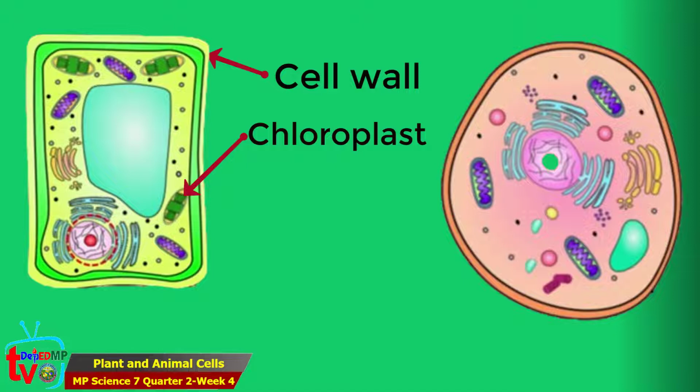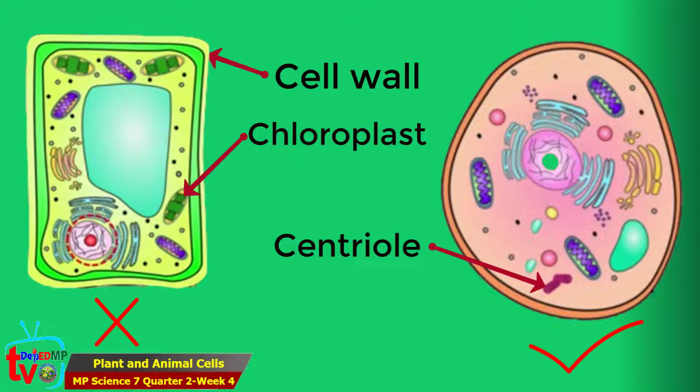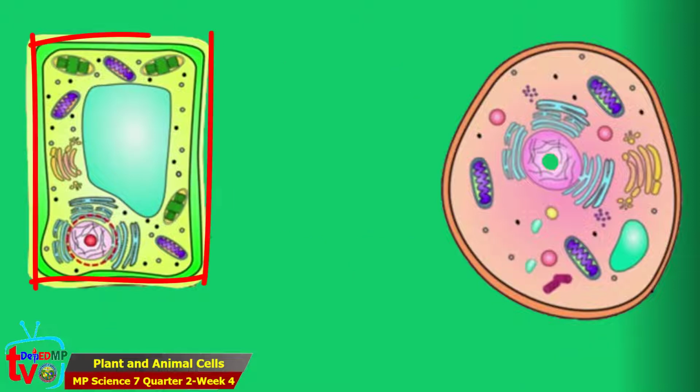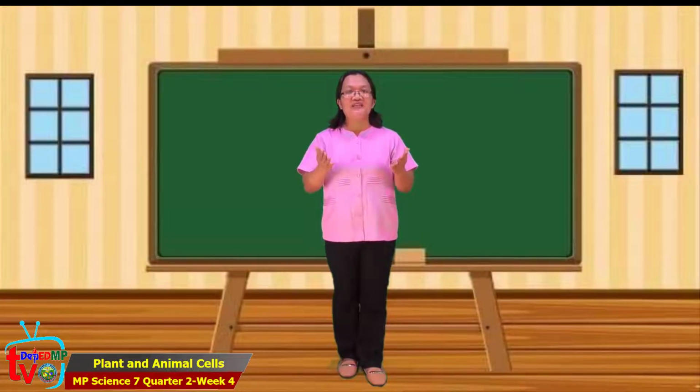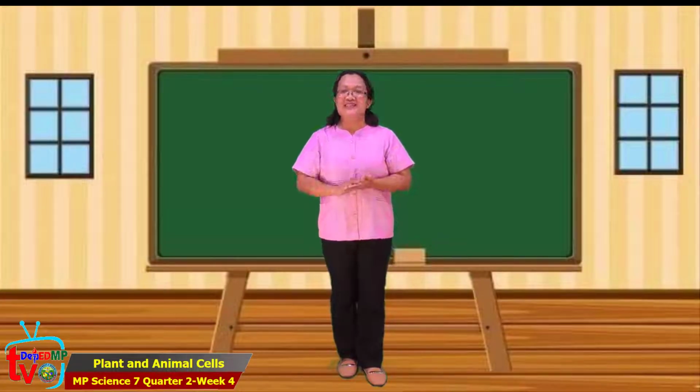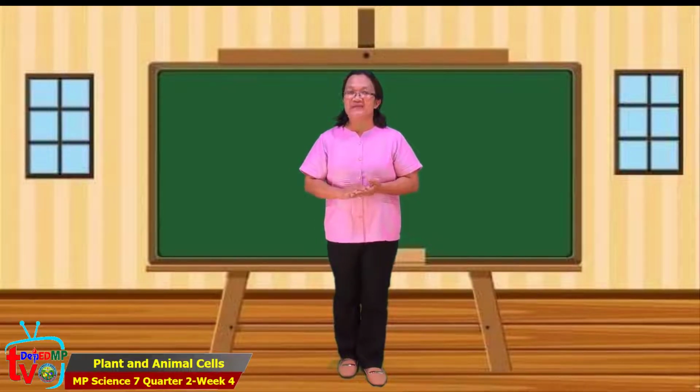On the other hand, animal cells have centrioles which are not found in plant cells. You have seen the rectangular shape of plant cells as compared to the more or less rounded one in animal cells.